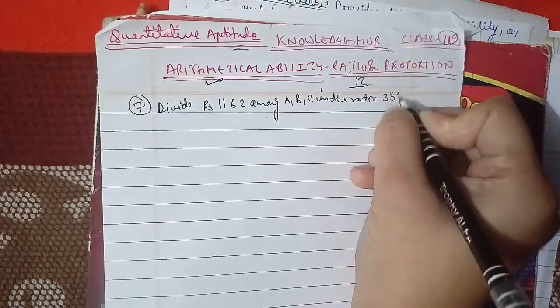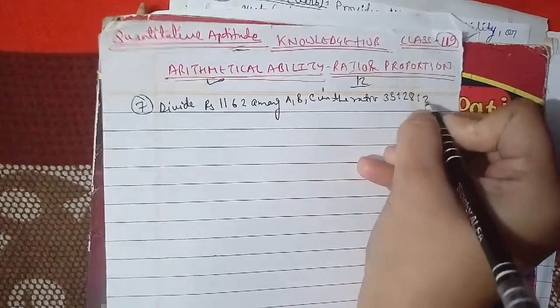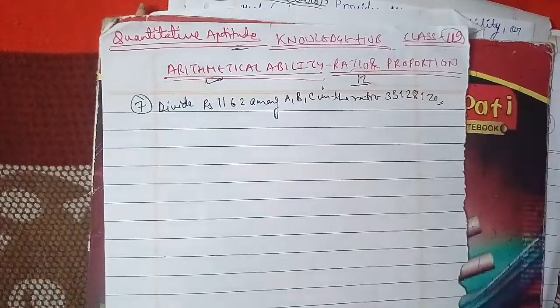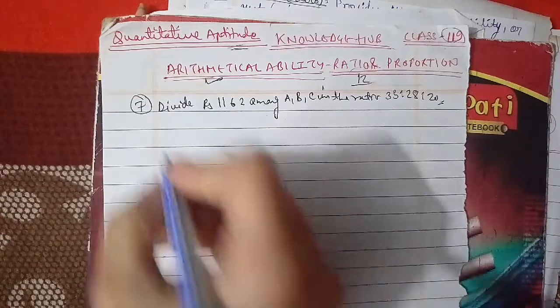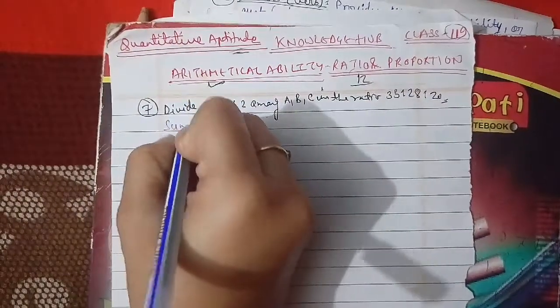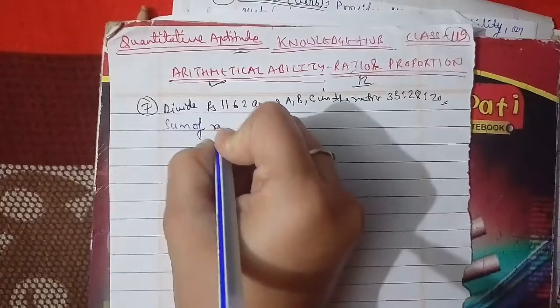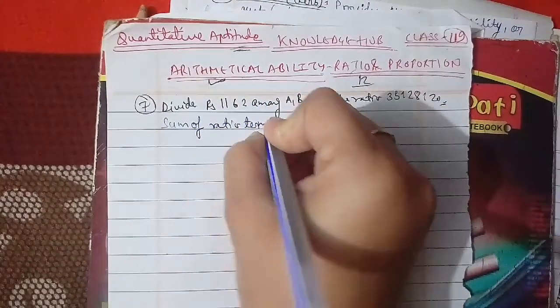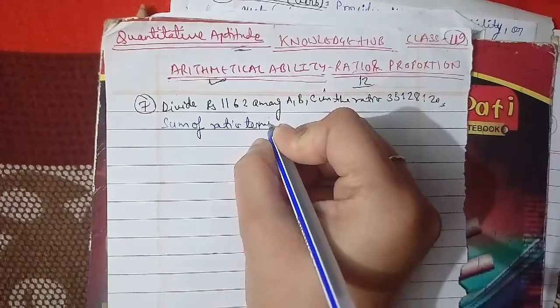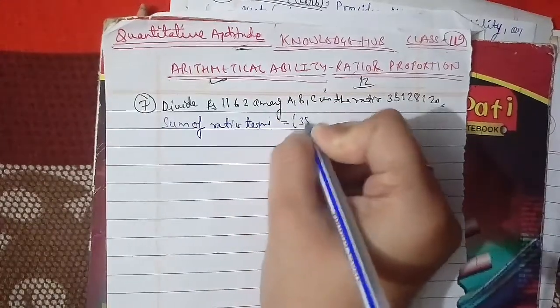So we go for the same. Sum of the ratio terms equals 35 plus 28 plus 20, which equals 83.